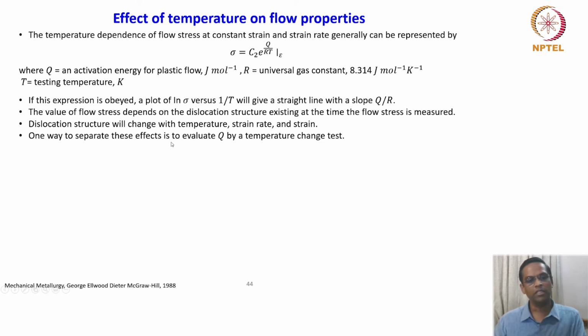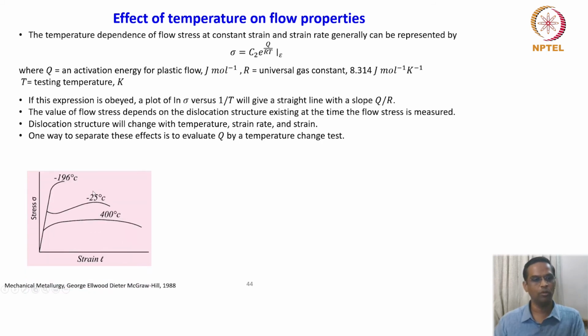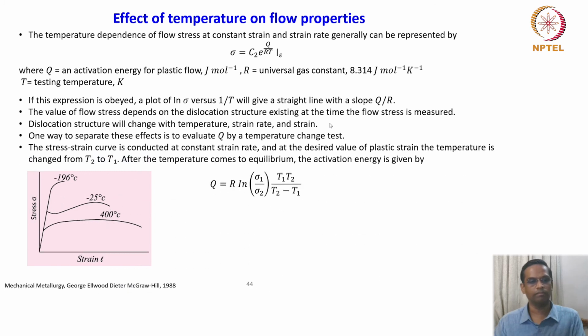One way to separate these effects is to evaluate Q by a temperature change test. If you conduct the deformation at different temperatures and then evaluate this, we can find out the Q, the activation energy, without the influence of other parameters like dislocation substructures and so on.